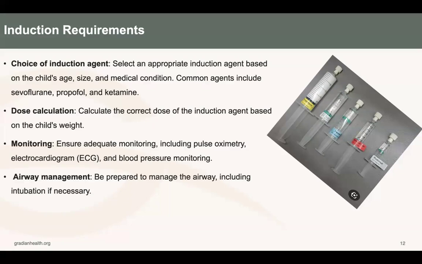And of course, we have to know how much we should give them. The amount that we give them is not determined when the child is already on the table. No, it should be calculated prior. Before the patient even comes to theater, everything should be ready. So the amount of drugs should be calculated based on the weight of the patient.